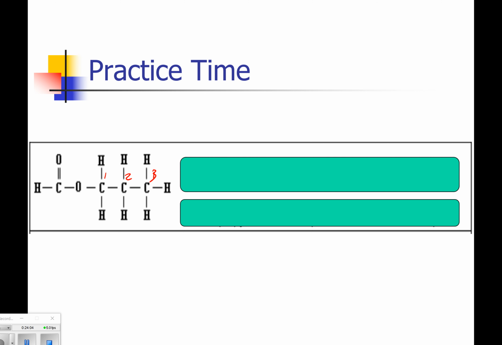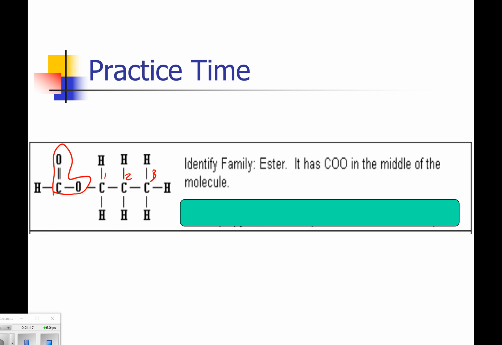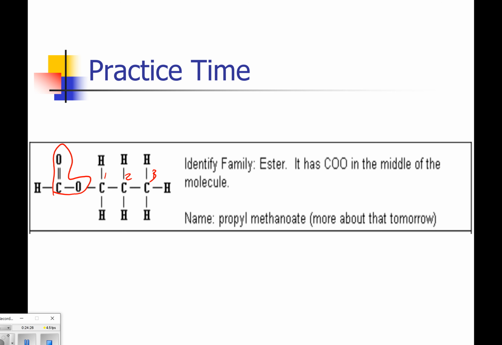We'll number this the other way. We have this carbonyl group here, and it's on the end, which would indicate... let's say it's in the middle of the molecule, and it seems as if I have this backwards.